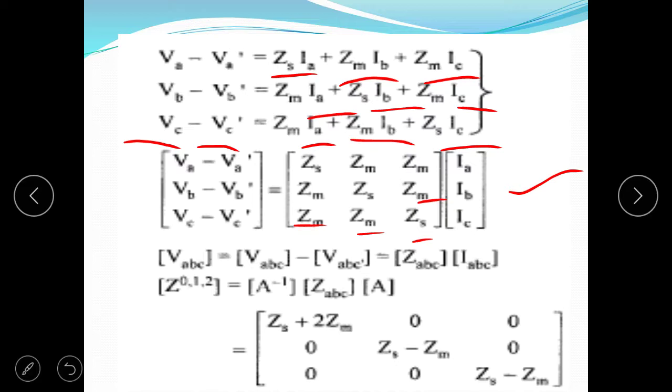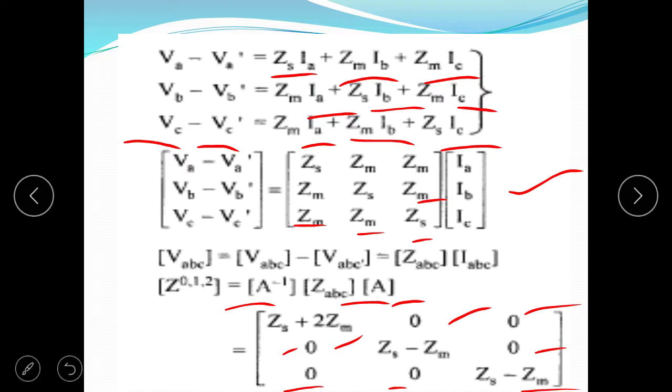If we write this in the form of sequence components, the matrix Z012 is equal to A inverse times ZABC times A. When we solve the equation, we find the matrix Zs plus 2Zm, 0, 0; 0, Zs minus Zm, 0; 0, 0, Zs minus Zm.